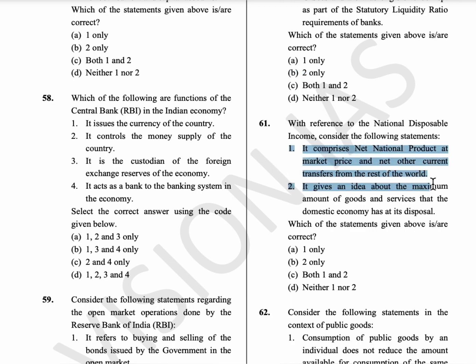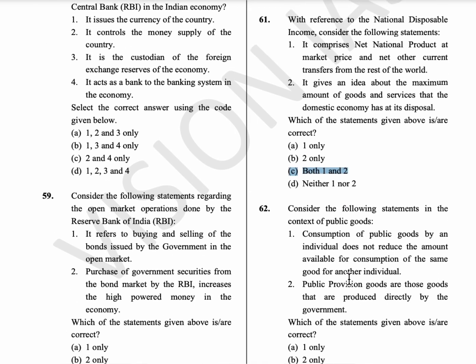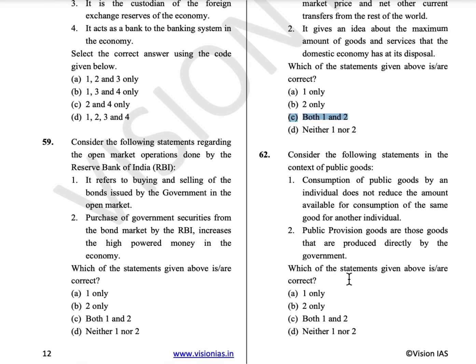So first statement is correct. Second statement is it gives an idea about the maximum amount of goods and services that the domestic economy has at its disposal. So both these statements are correct. So option C.